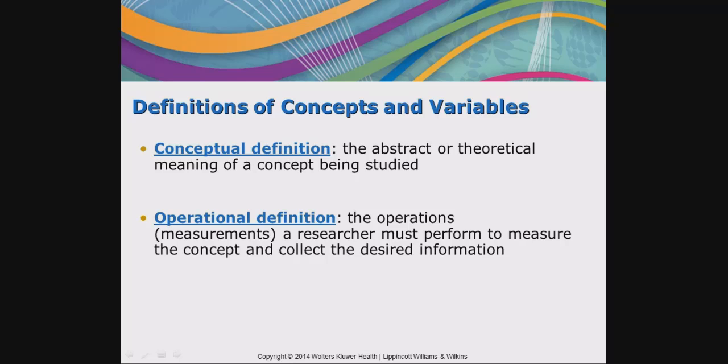And let me give you an example to make it clearer, I hope. Those gel pillows and the bilateral head molding of preterm infants. Well, the conceptual definition will be bilateral head molding is an undesirable outcome in preterm infants.